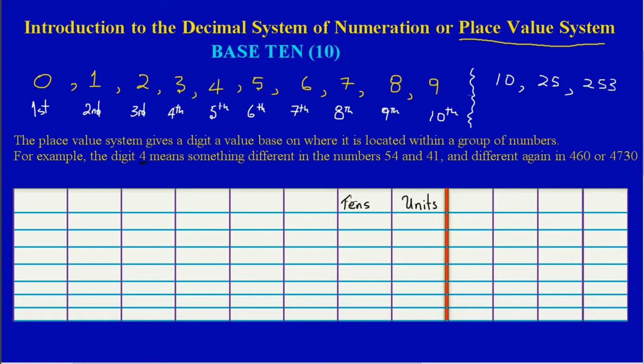After my tens column, I will have my hundreds column. After my hundreds column, I will have my thousand column. After my thousand column, I will have my 10,000 column.